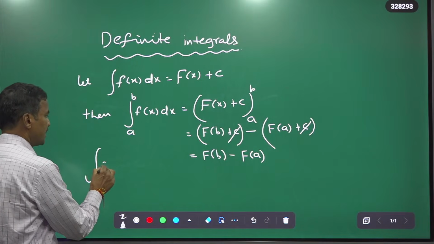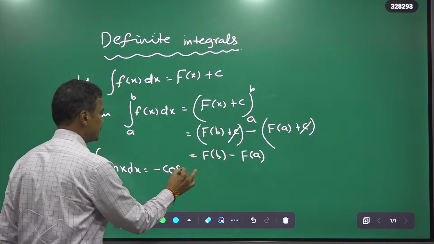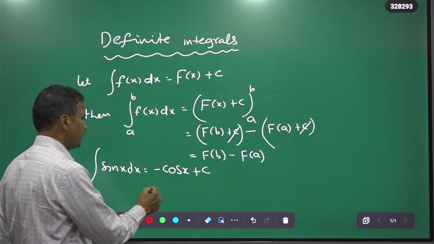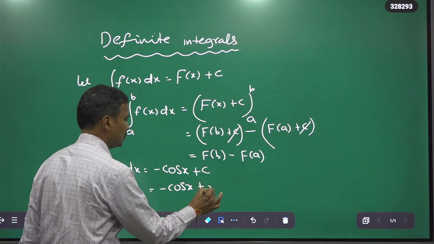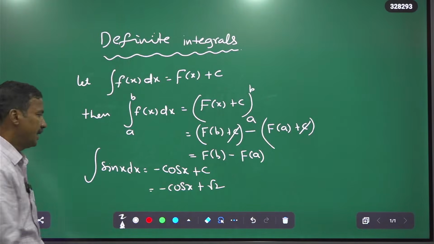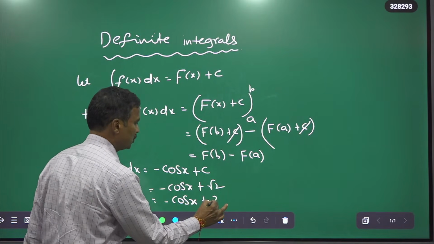if you take the integral of sin x dx, it is equal to minus cos x plus c, where c is the constant of integration. That means minus cos x plus root 2 is also an integration of the function sin x, and so is minus cos x plus 2 or 3.